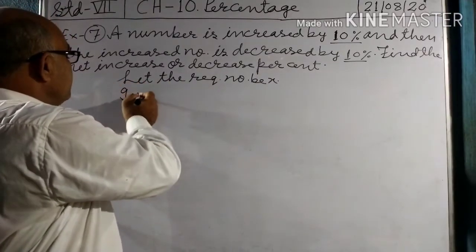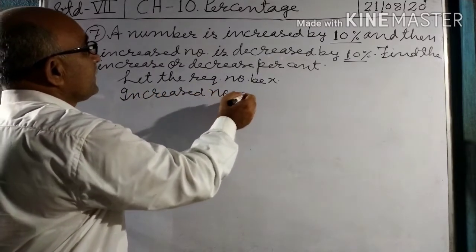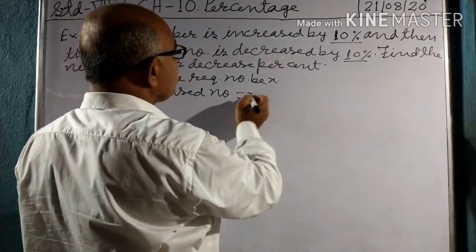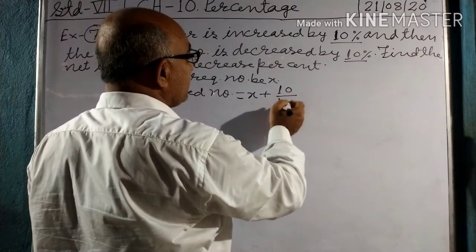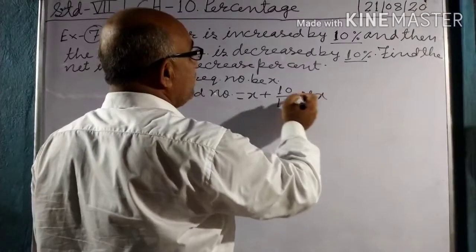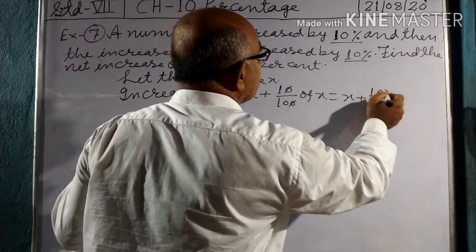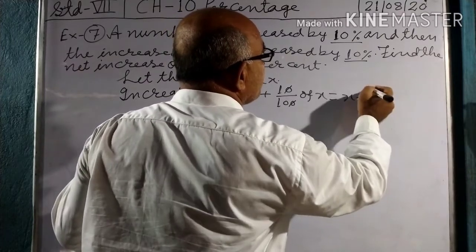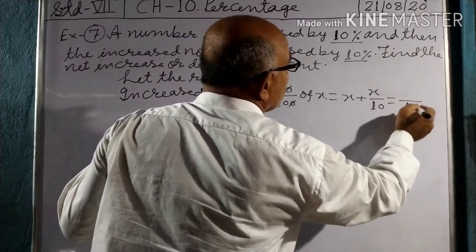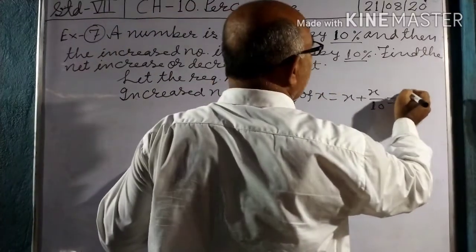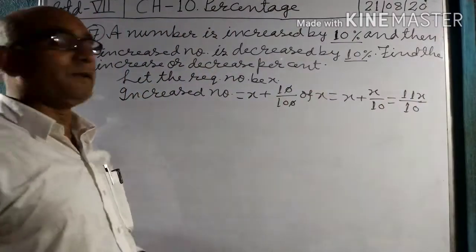So increased number equal to x plus 10% increase. So x plus 10 by 100 of x. Cancel. x plus x by 10 equal to, LCM 10, 10x plus x, 11x by 10. So increased number is 11x by 10.